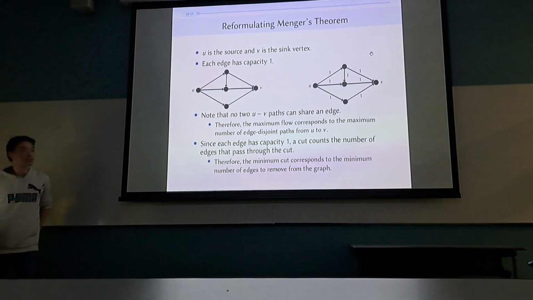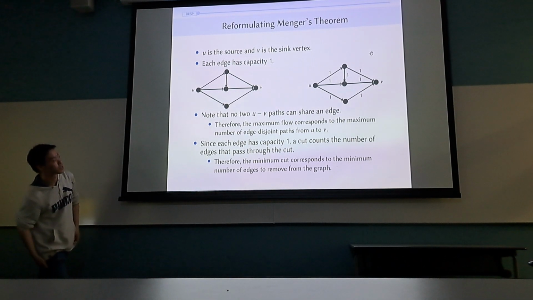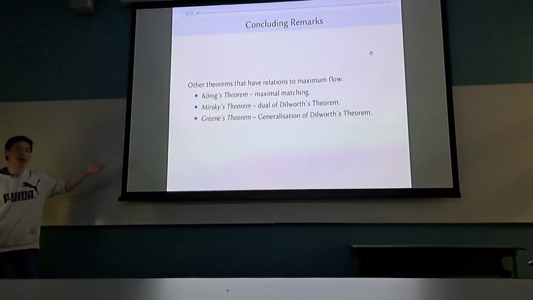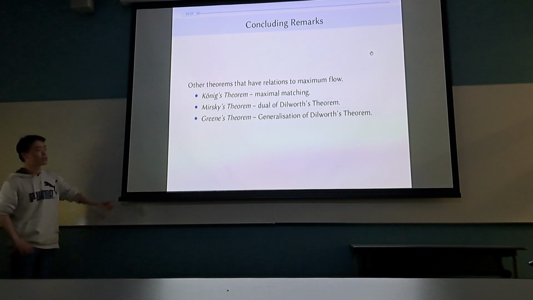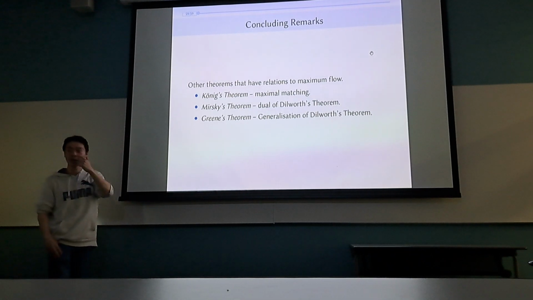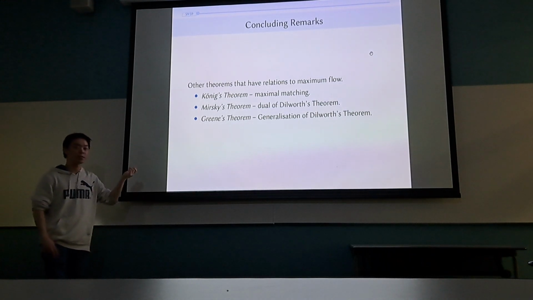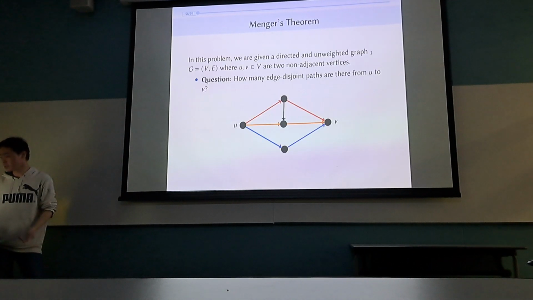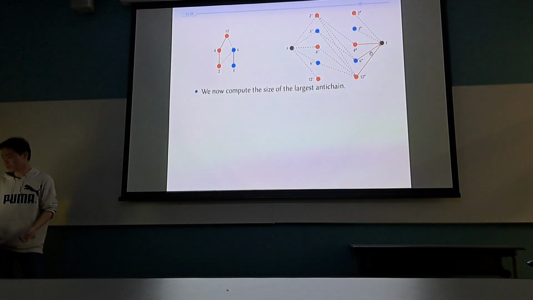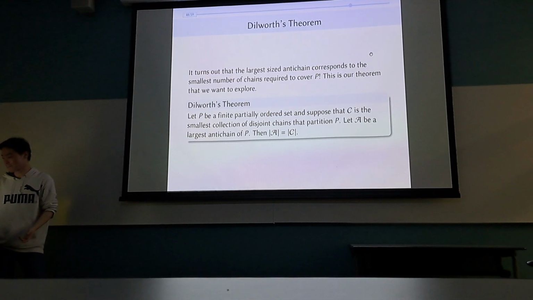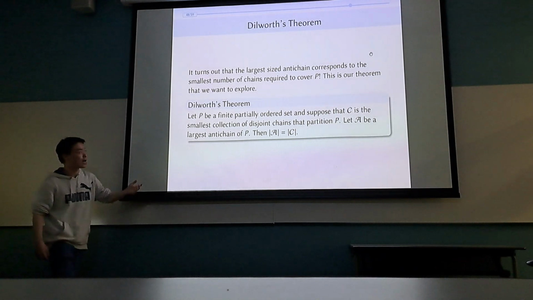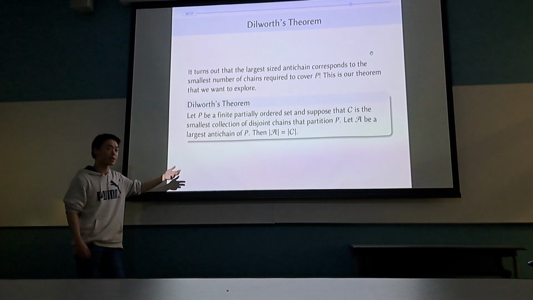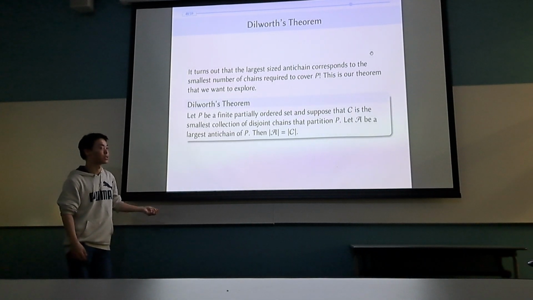So those are the 3 main theorems for today's talk. There are some other theorems that have applications to maximum flow. There's Koenig's theorem, which deals with maximal matching. There's also Mirsky's theorem, which is the dual of Dilworth's theorem. So notice that in Dilworth's theorem, we said that the larger size of an anti-chain corresponds to the minimum number of chains in my partially ordered set.